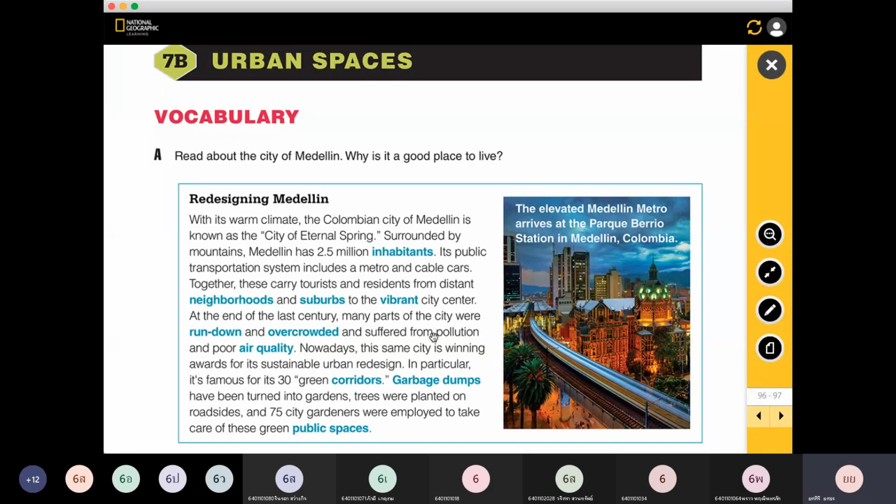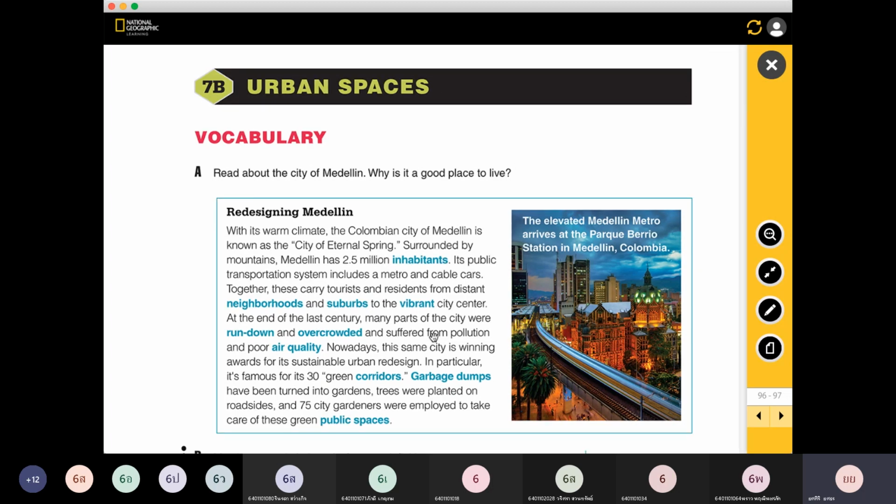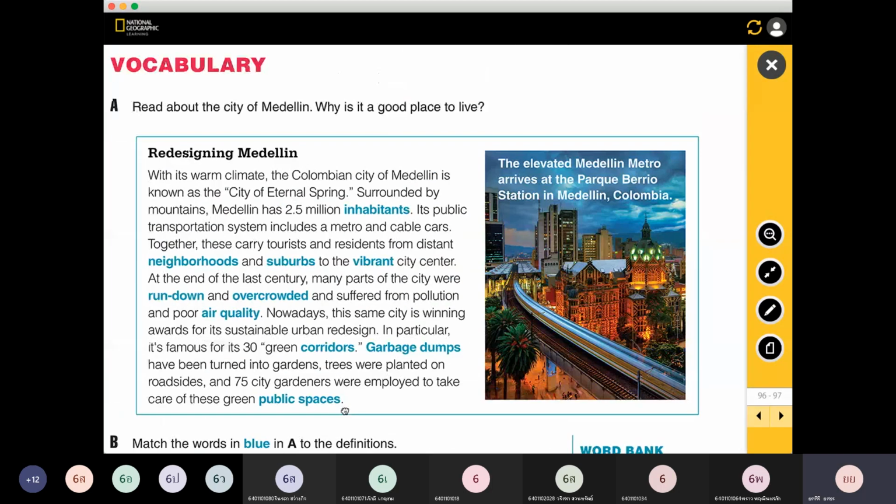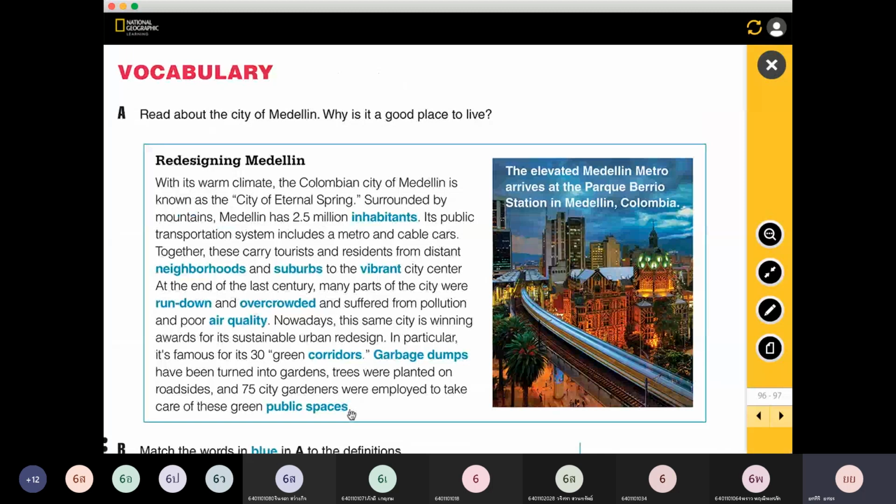to make it more habitable. We cannot just banish people and say, okay, go out of the city. Anyway, we are trying to make the city a better place to live.